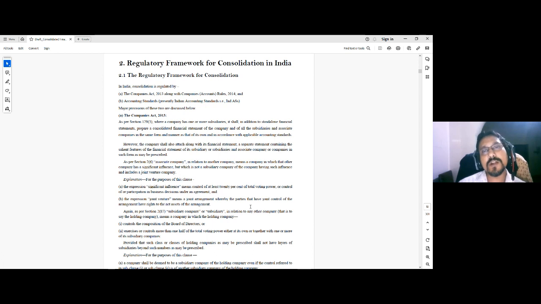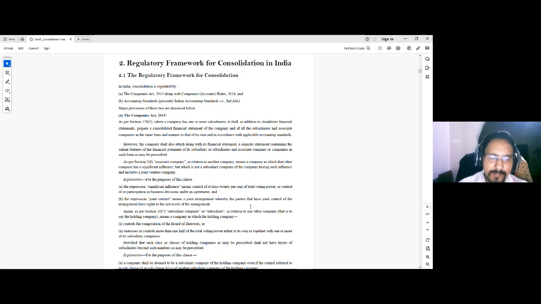As per section 129(3), where a company has one or more subsidiaries, it shall, in addition to the standalone financial statement, prepare a consolidated financial statement of the company and of all the subsidiaries and associate companies in the same form and manner as its own, in accordance with the applicable accounting standard. What does it mean?